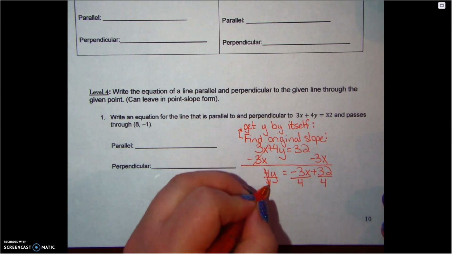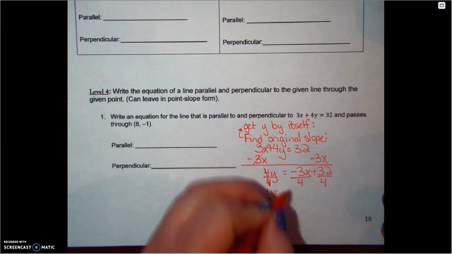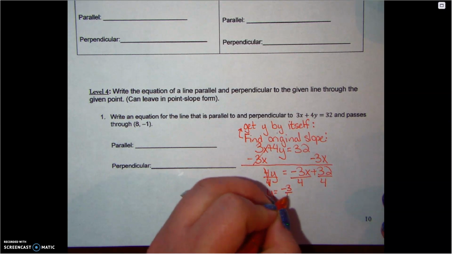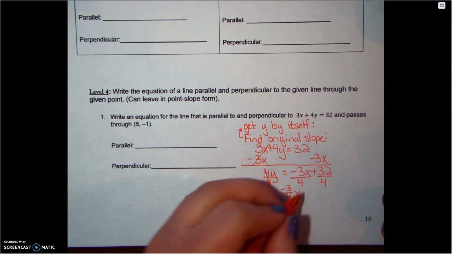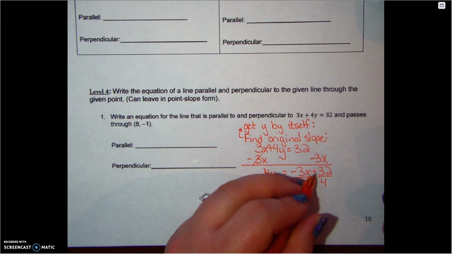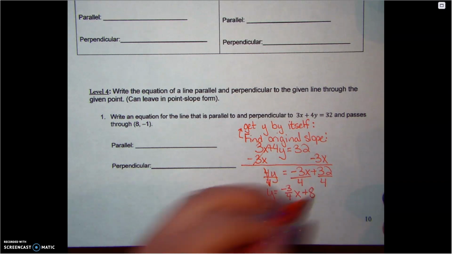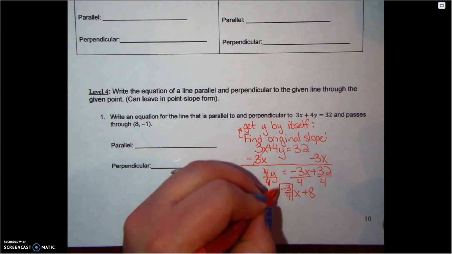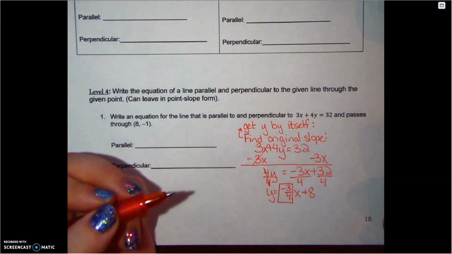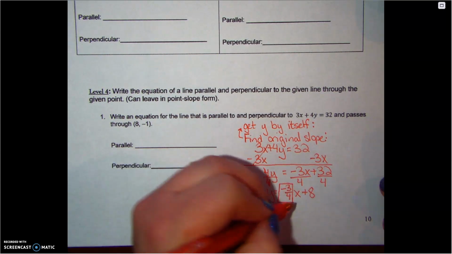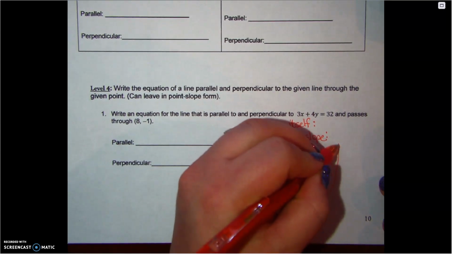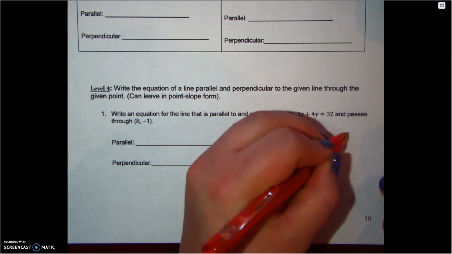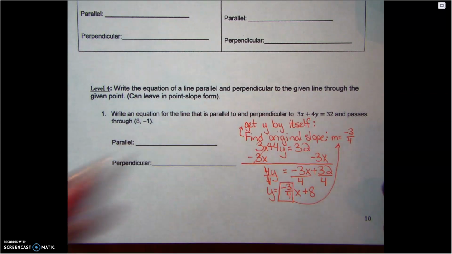So that leaves me with y equals negative 3 over 4x plus 32 divided by 4 gives me 8. So I got y all by itself, which means that my slope is negative 3/4. That's my original slope.